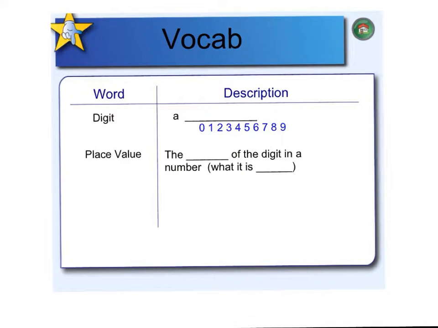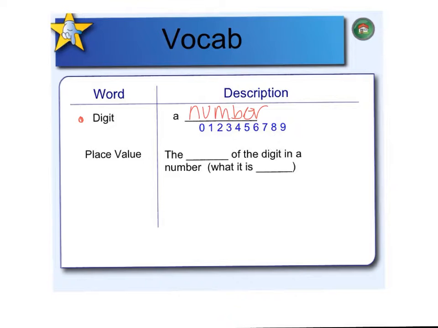Before we get into the lesson, let's consider a couple of vocabulary words. The first word is digit. When you hear the word digit, that simply means a number, like 0, 1, 2, 3, 4, 5, 6, 7, 8, 9, and so forth.